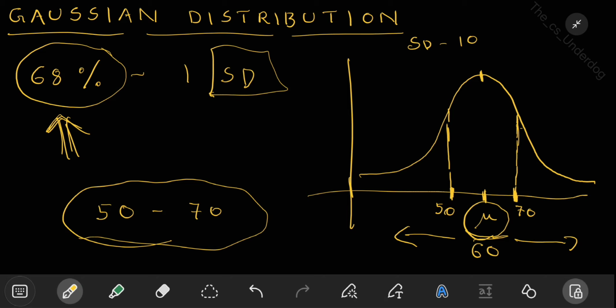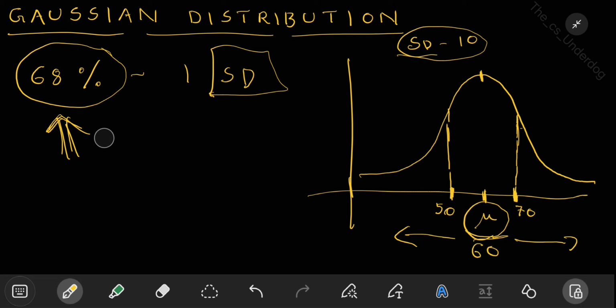If you actually take the real world data of the weight of all the human beings, you identify the real mean and the real standard deviation, and using that, you should be able to depict it using a Gaussian distribution. Here we are just taking some example values so that you understand the concept.